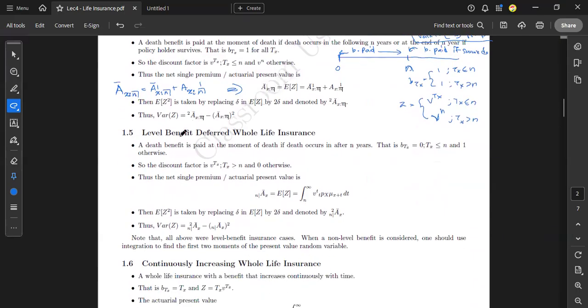So that's why we use a deferred whole life insurance. That means you sell the policy at age x and pay nothing between 0 and n. And after that, benefit is paid at the moment of death.